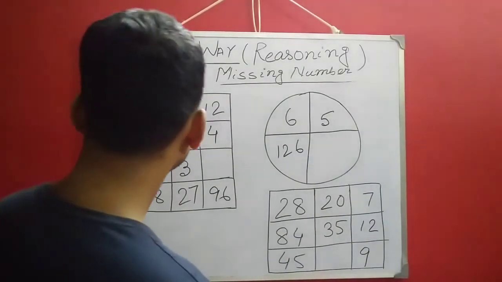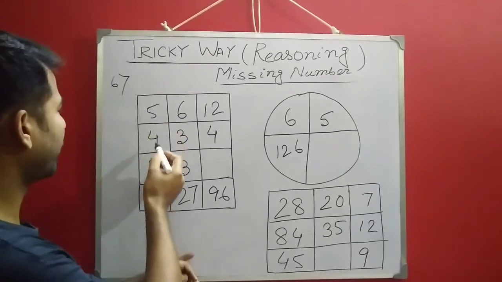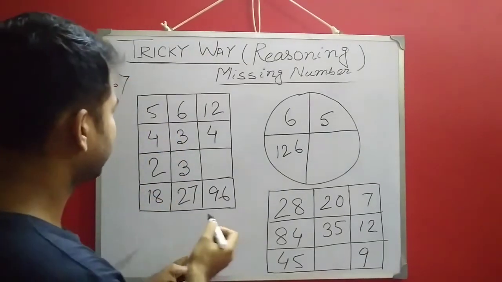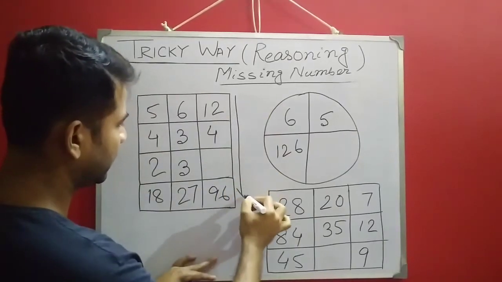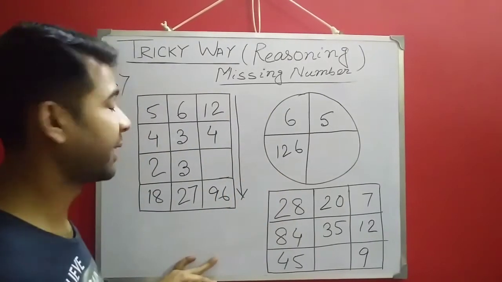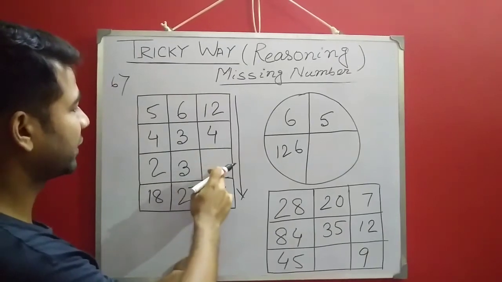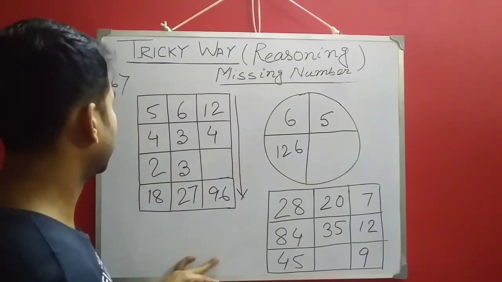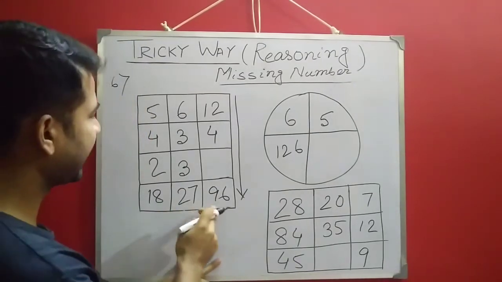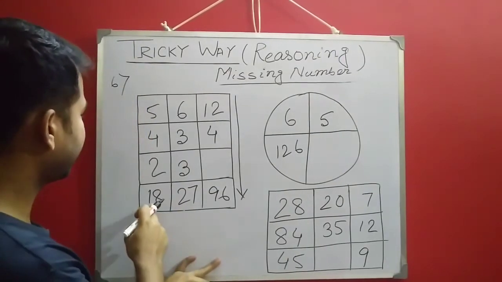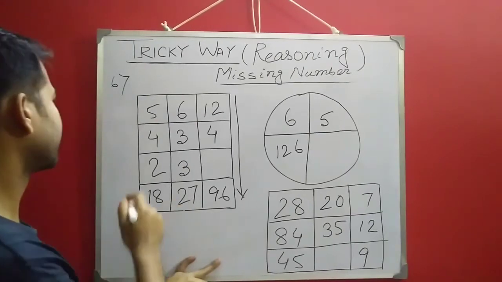Going to our next problem. The problem is 5, 4, 2, 18, and we all know the calculation goes in these directions, and we have to find the value for this. So 18, 27 and 96. How can we get those values?